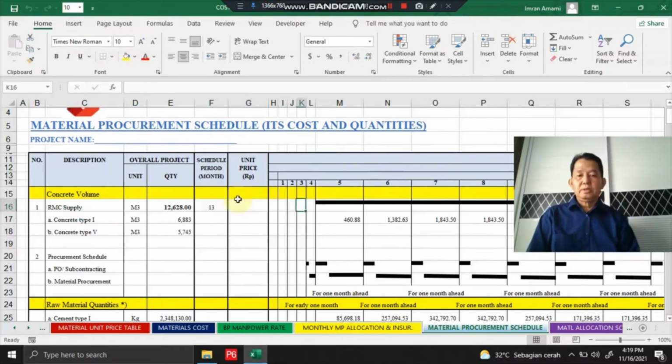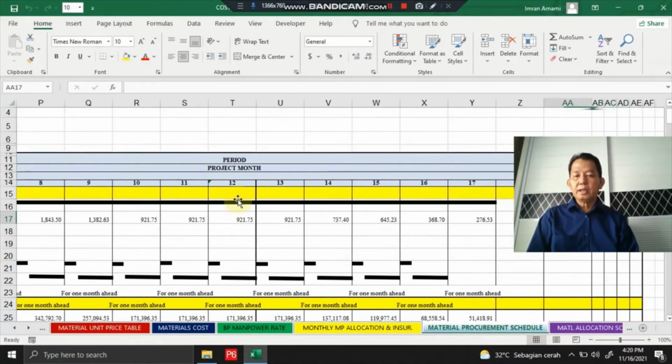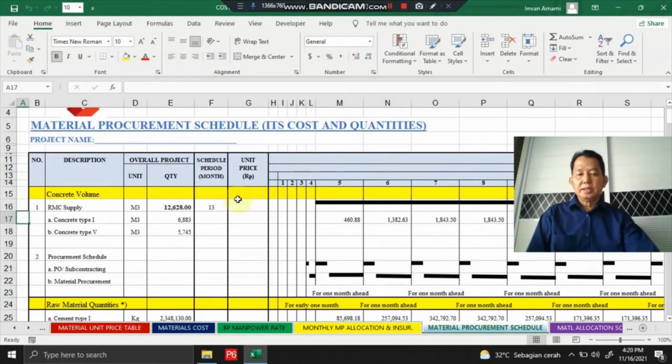We also have a monthly concrete demand schedule, as you see on the screen here.